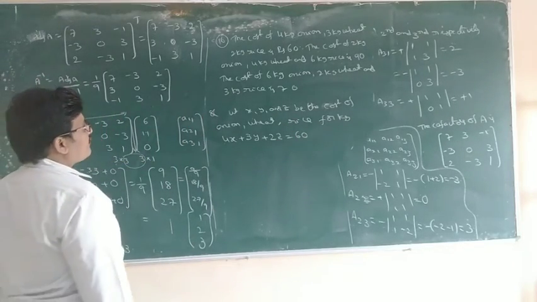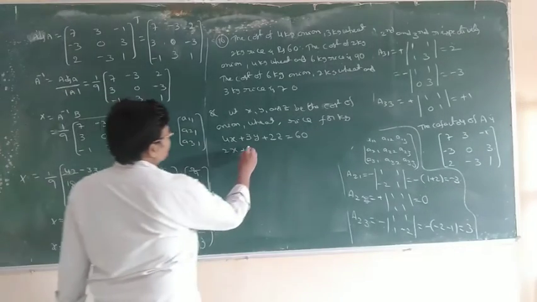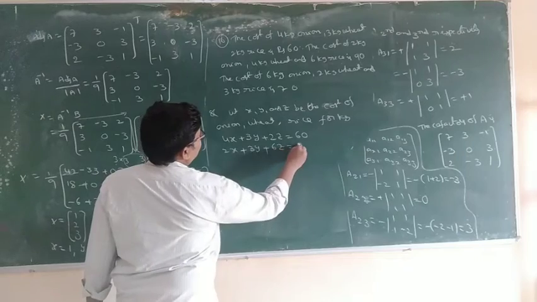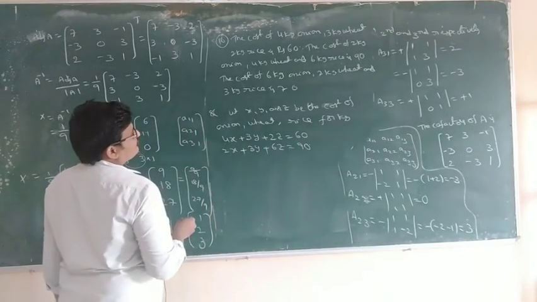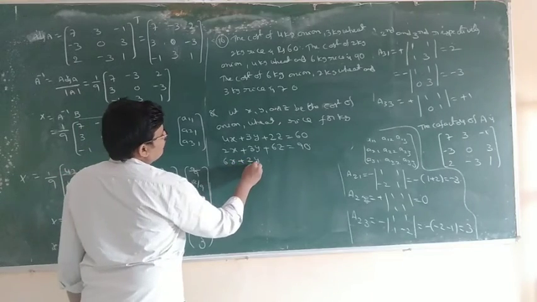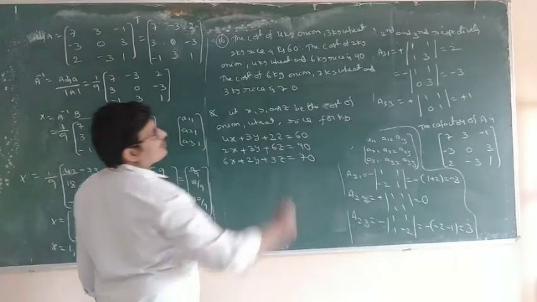Next, the cost of 2 kg onion plus 4 kg wheat plus 6 kg rice is equal to 90 rupees. Next, the cost of 6 kg onion plus 2 kg wheat plus 3 kg rice is equal to 70.